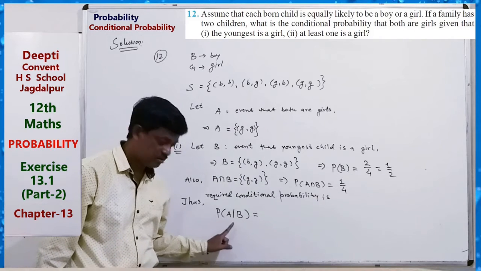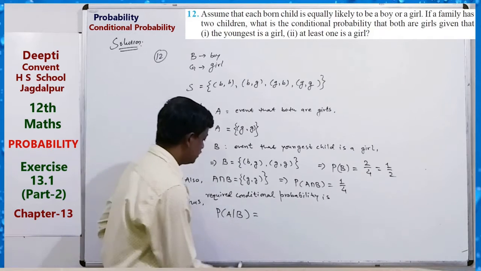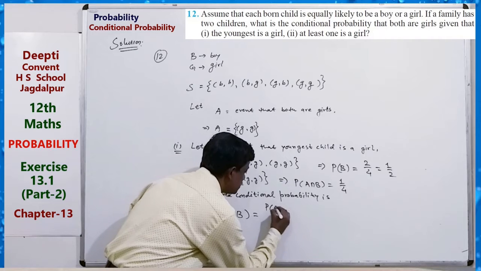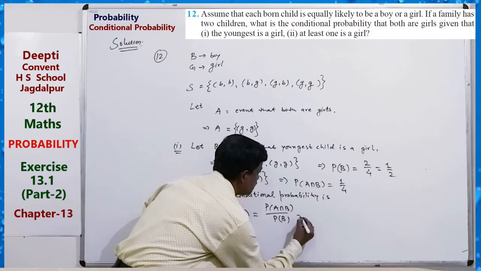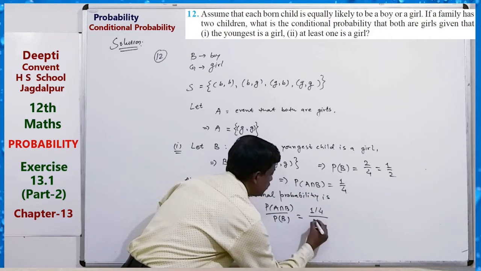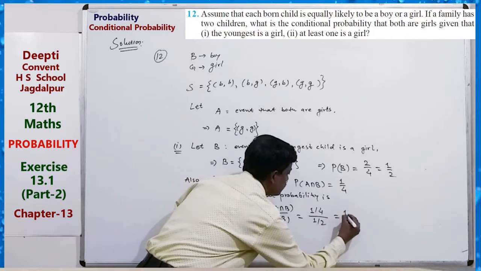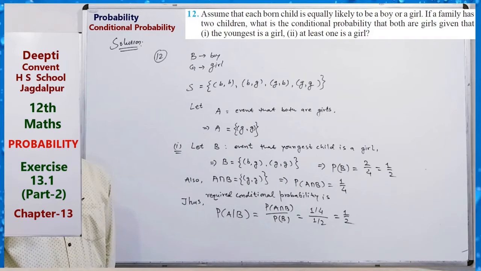Both are girls, youngest is a girl. So this equals P(A intersection B) by P(B). So this equals what? 1 by 4 upon 1 by 2 equals 1 by 2. The final value is 1 by 2.